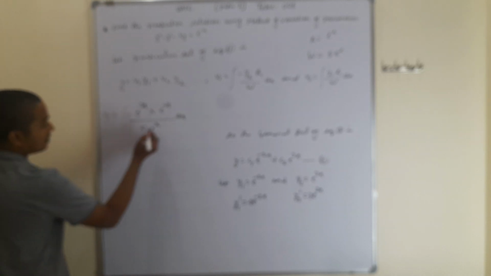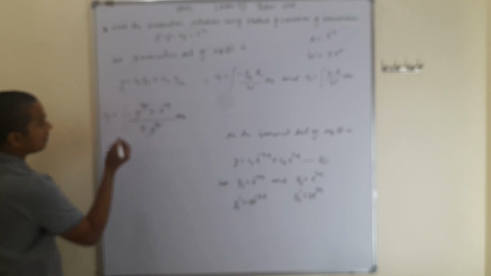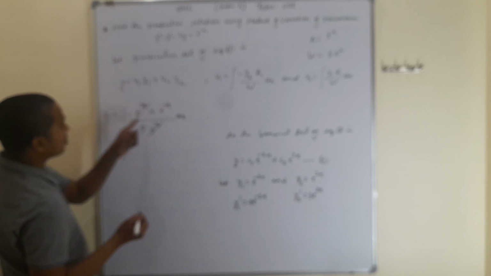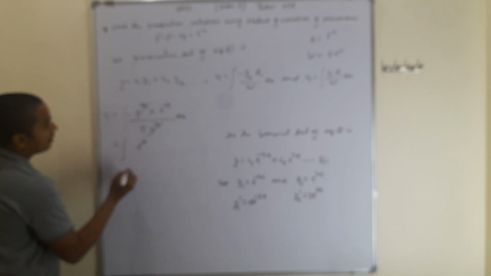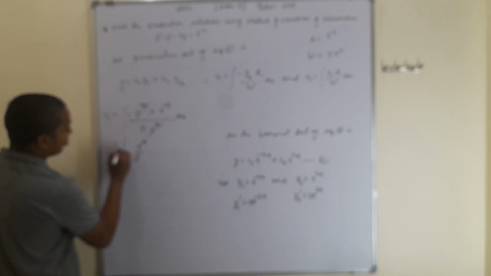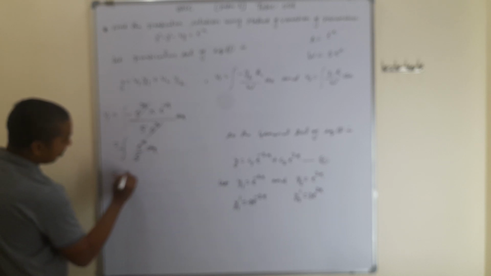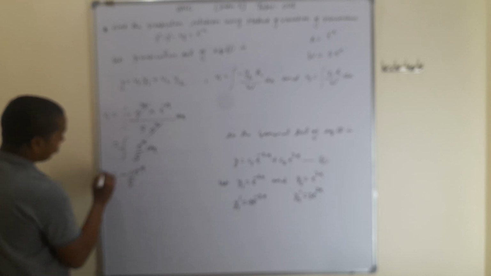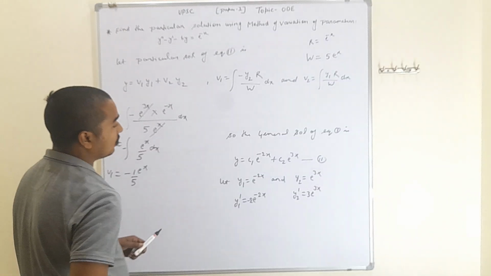On solving, that is on cancel out e to the power 3x to e to the power x, remaining e to the power 2x and e to the power 2x minus x, that is e to the power x upon 5, minus is already present, dx. On integration, that is minus e to the power x by 5. This is the value of v1, and we have to find v2.